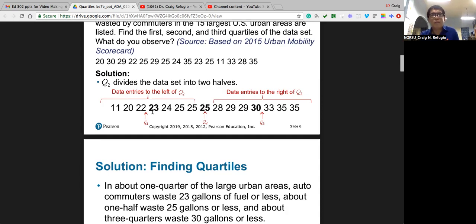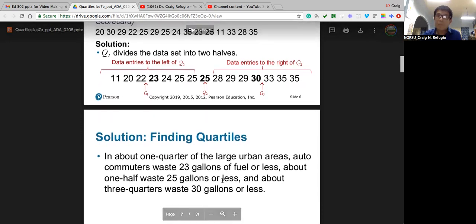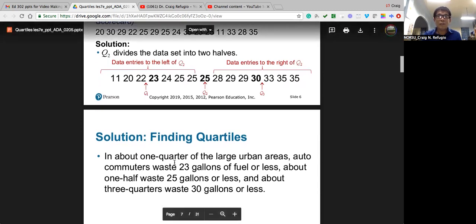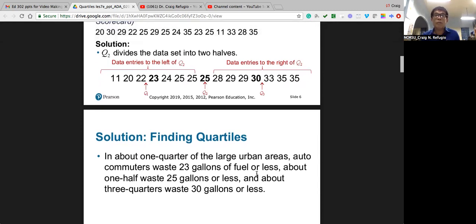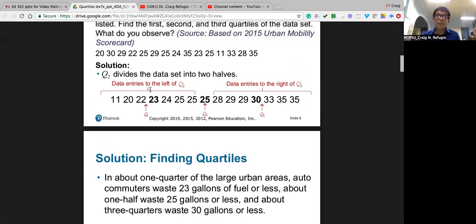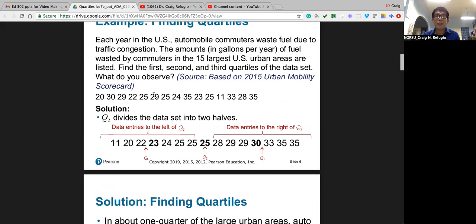So we have 23. That's why we have the mention in here: about one quarter of the large urban areas, auto commuters waste 23 gallons of fuel or less. So it could be less than 23 or maybe equal to 23 in terms of the requirement for number 1.